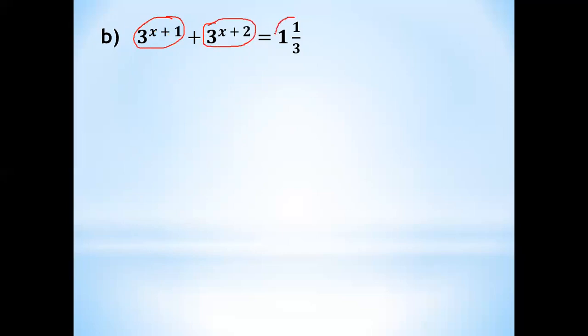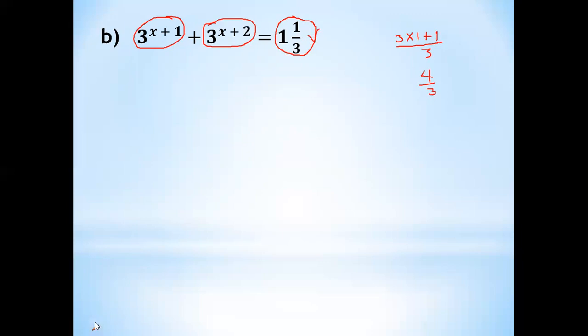Now, if we look at the right hand side, there is a mixed fraction here. As we know, a mixed fraction can be easily expressed as an improper fraction. That means 3 times 1 plus 1 by 3. So 3 ones are 3, 3 plus 1, 4. The improper fraction for the given mixed fraction is 4 by 3.